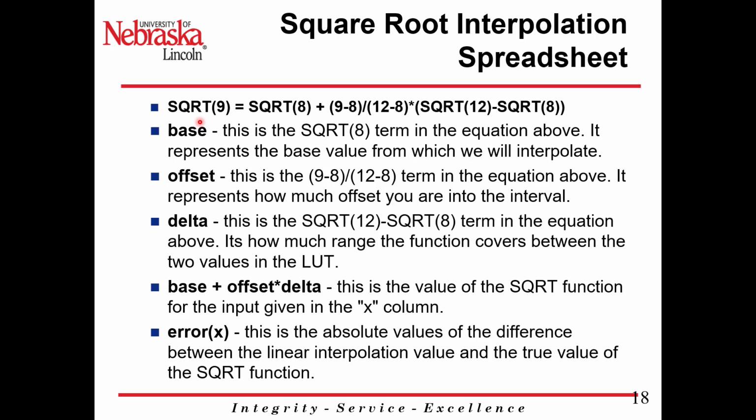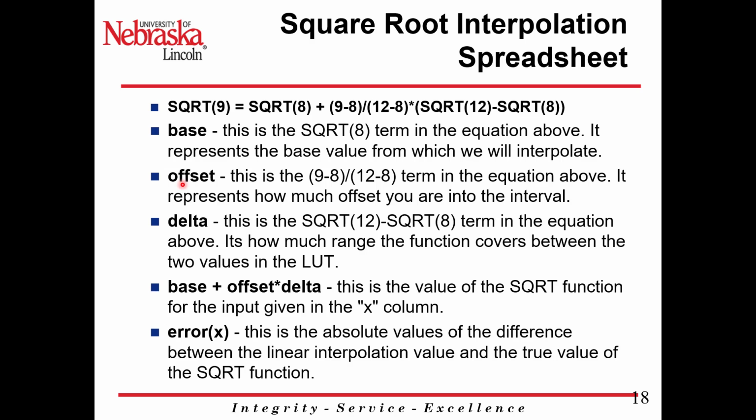In here, based on our equation that we calculated, we're going to have some base value, that's the square root of the base value in this equation, the square root of a term in the equation above. That's the base level that we're going to use to interpolate the actual value.